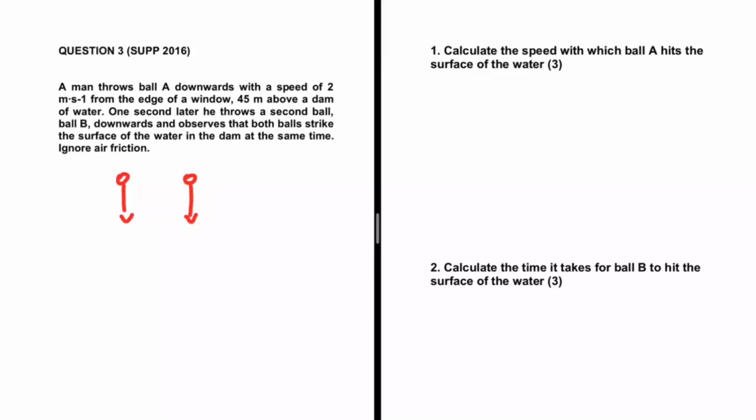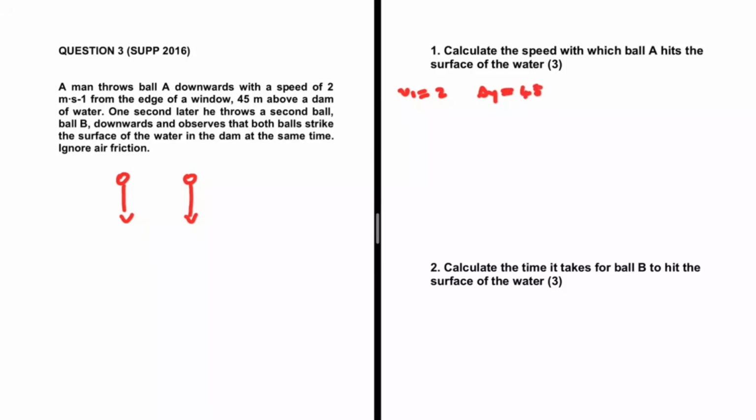The question is saying, let's calculate the speed with which ball A hits the surface of the water. Let's go ahead and see what information we have. We have the initial velocity of ball A. It is 2 meters per second downwards. It is thrown from the edge of a window 45 meters above a dam of water. So we have a height which will lead to a displacement of 45 meters.